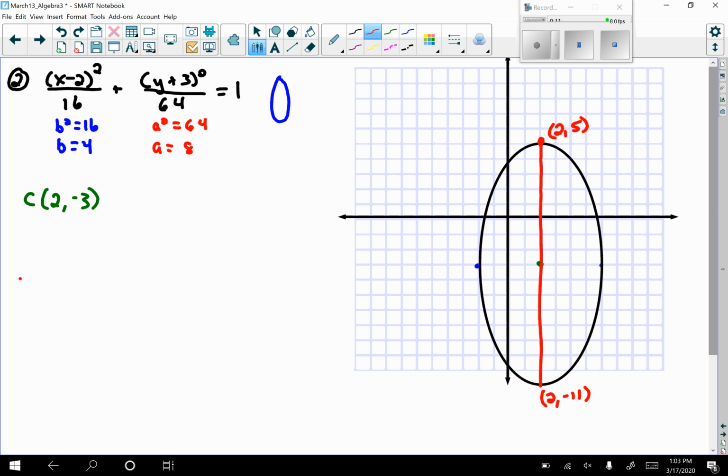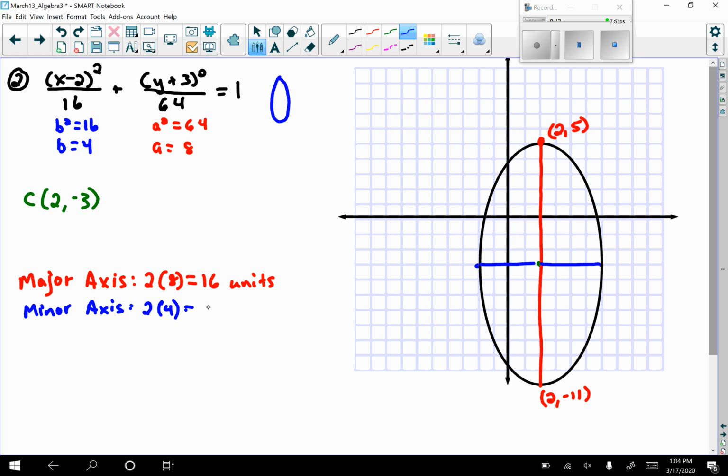So our major axis, which should be 2 times a, so 2 times 8, which is going to give us 16 units. Our minor axis, going from the center over, that has a length of 4 and another 4, so 2 times 4 will give us a length of 8 units.